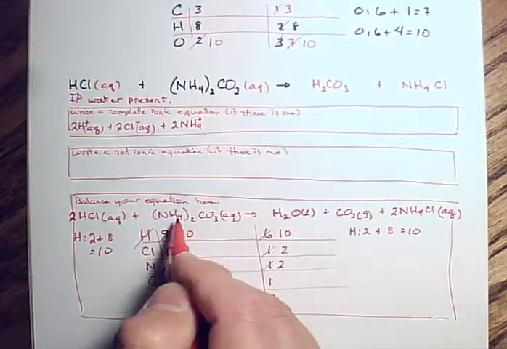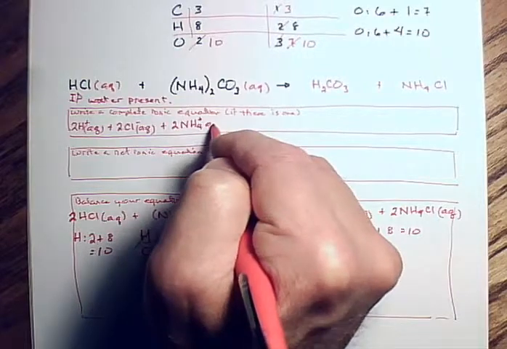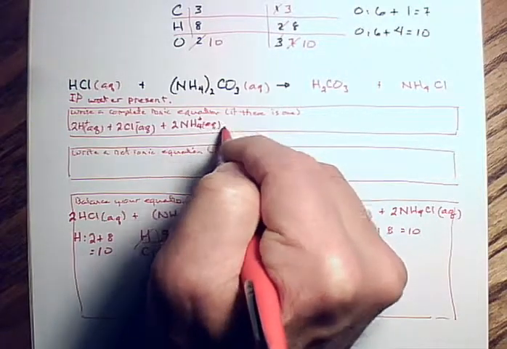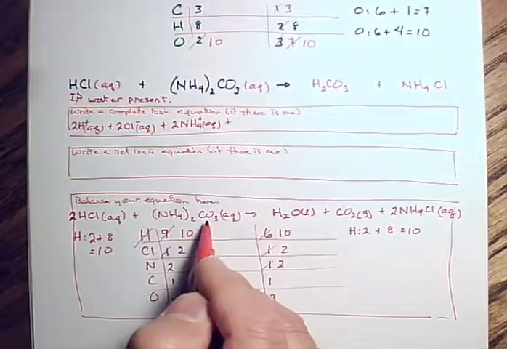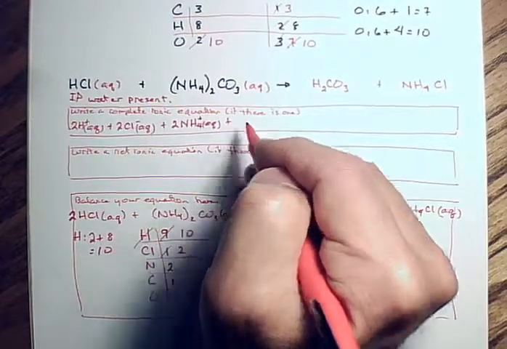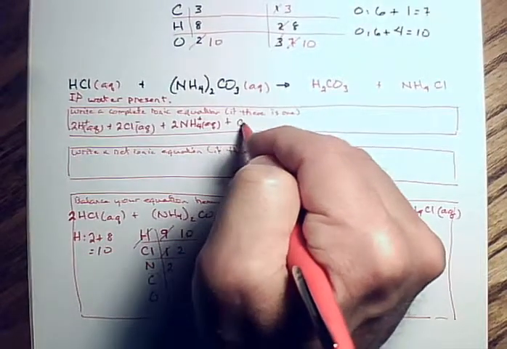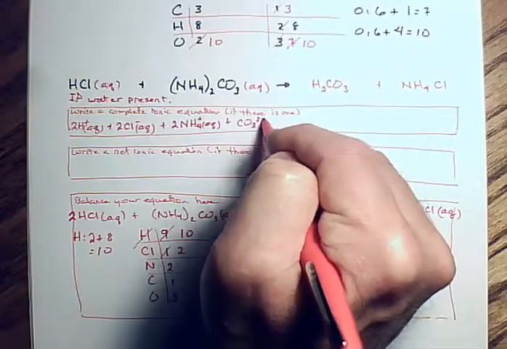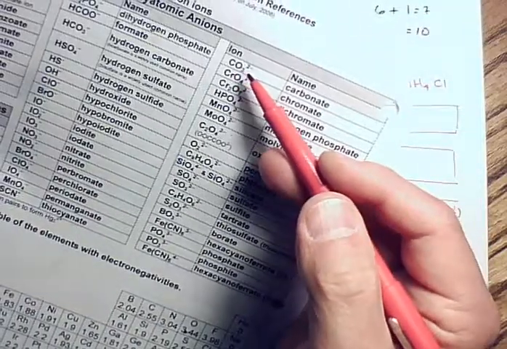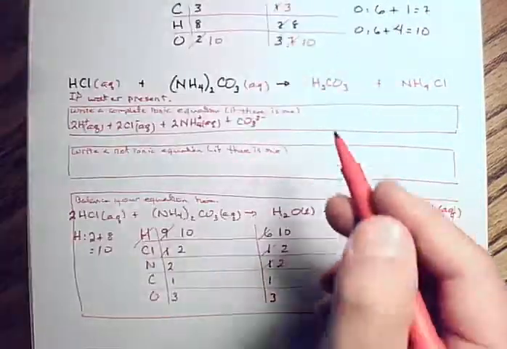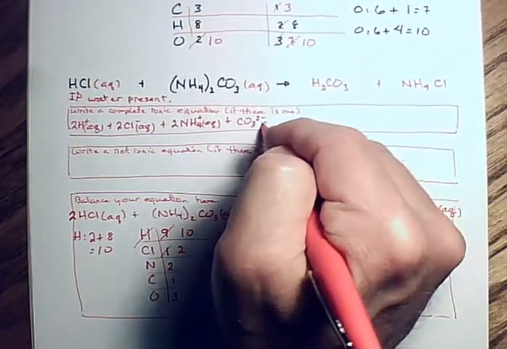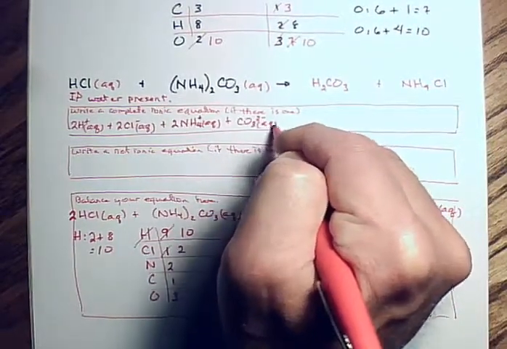And since this compound is aqueous, these ions are aqueous. And then we've got a carbonate. This is an aqueous compound, so this carbonate is going to be aqueous. There's only 1 carbonate. It has a 2- charge. If you didn't know that, you'd look right here and find it. Okay, it's one of your test references. You always have access to it in this class.